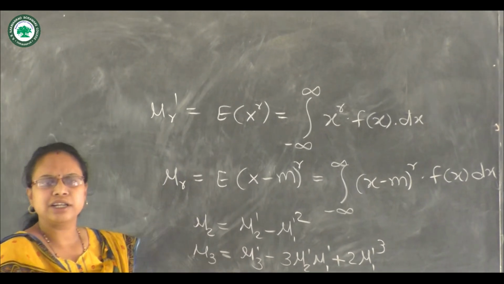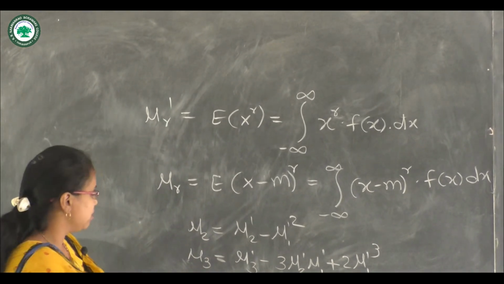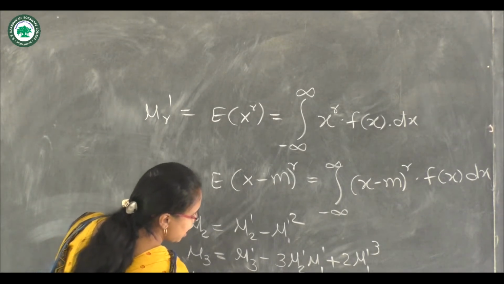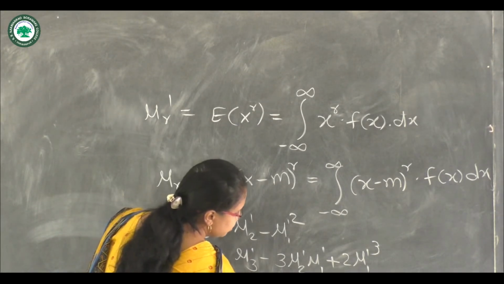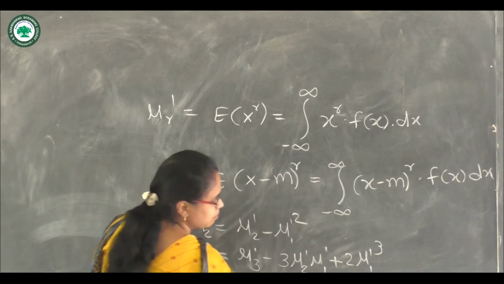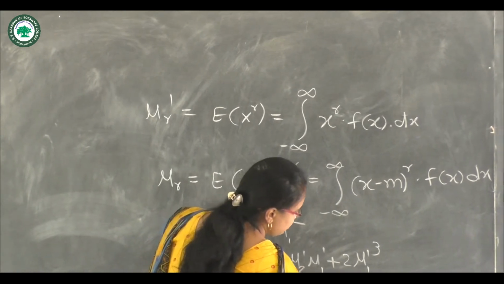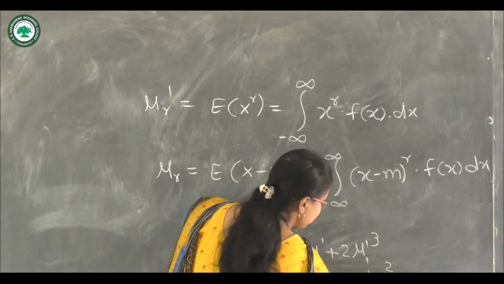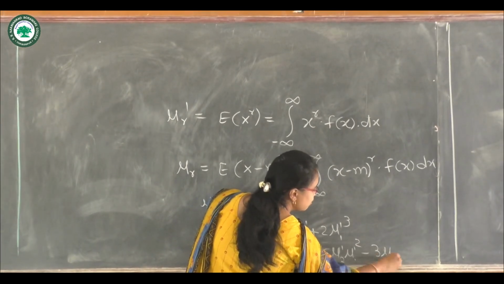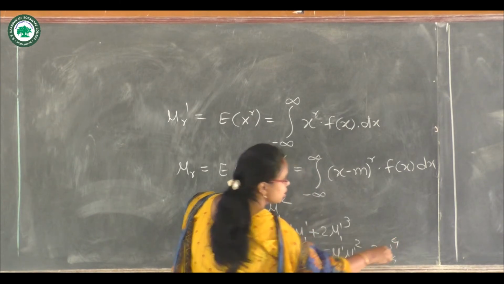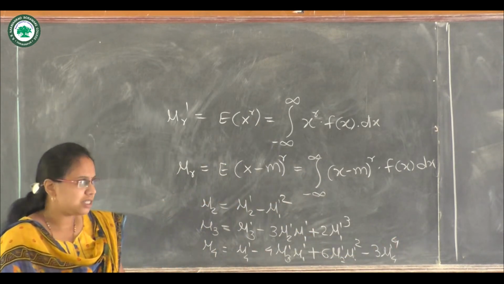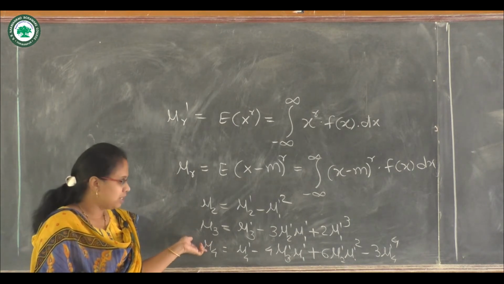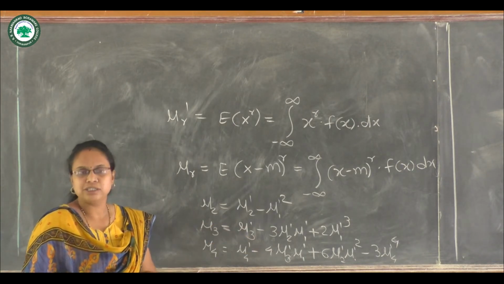And similarly, we can write mu4 as mu4 dash minus 4 into mu3 dash mu1 dash plus 6 into mu2 dash mu1 dash square minus 3 into mu1 dash raised to 4. So, by using these relations, we can find the central moments using the raw moments.